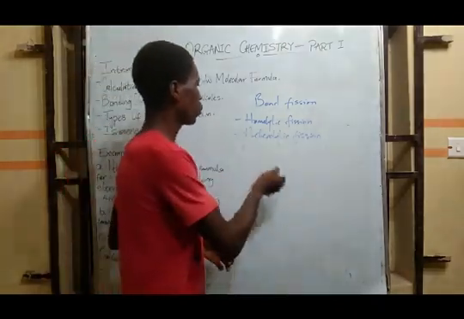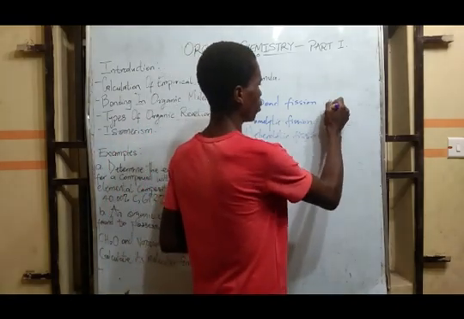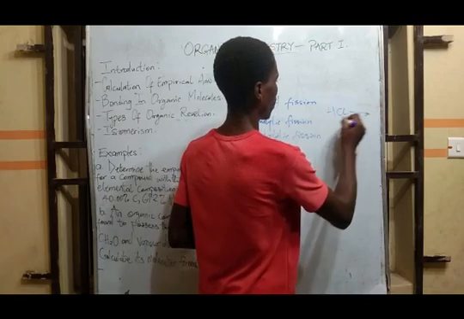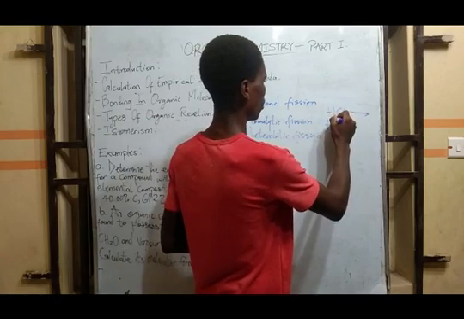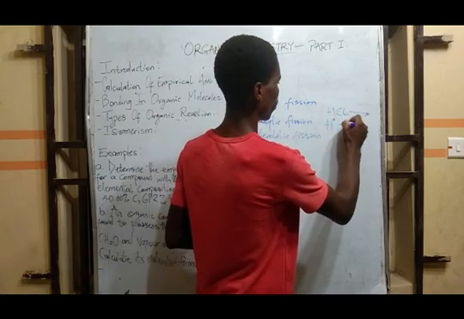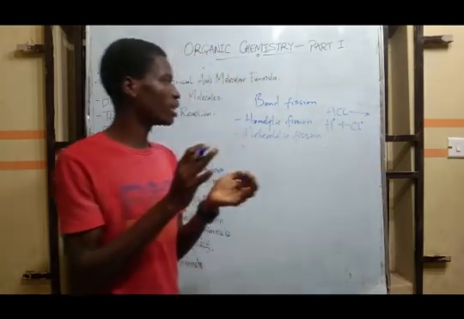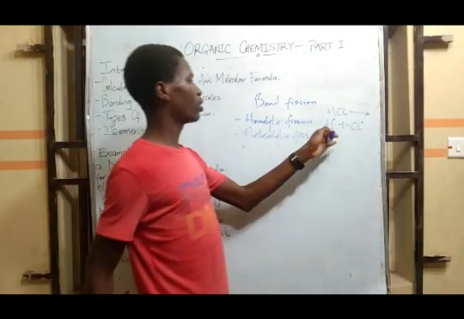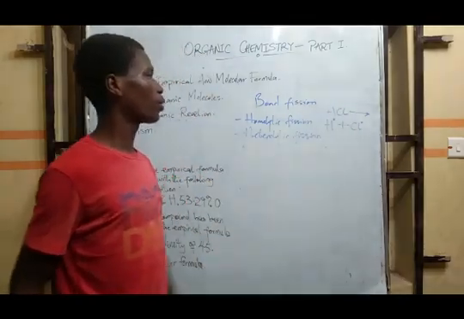Taking an example for homolytic fission, when there is a breaking of the bond in HCl, they have an equal sharing of the electrons. As you can see, the hydrogen is having an electron, while the chlorine is also having an electron.